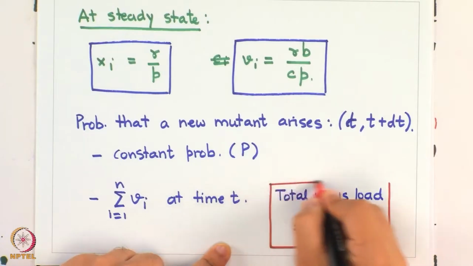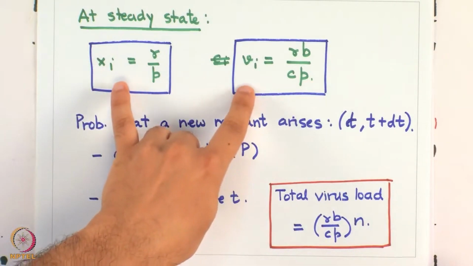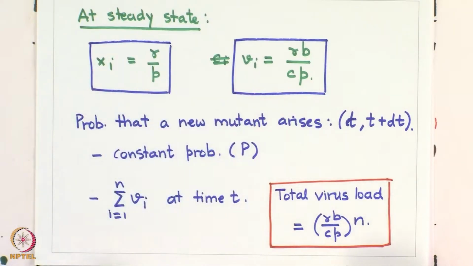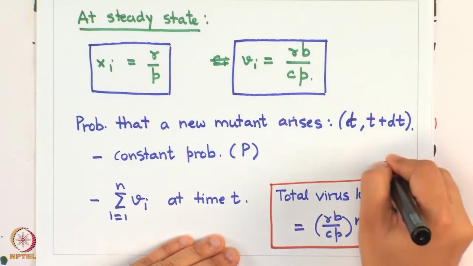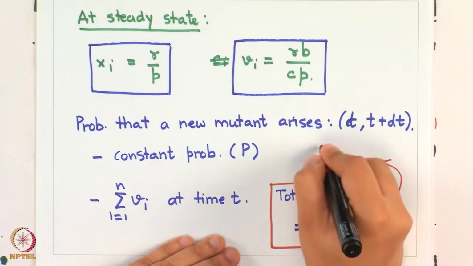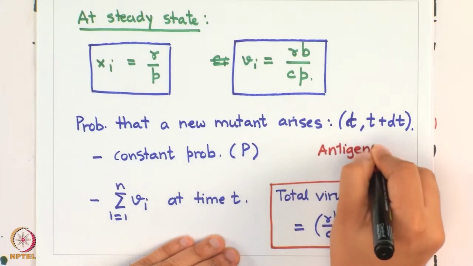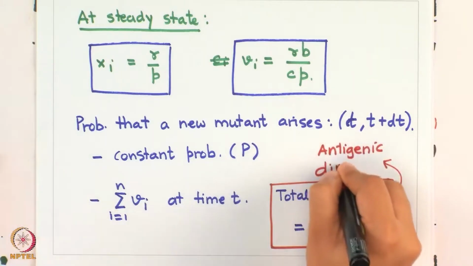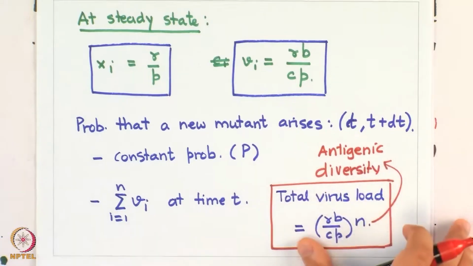Because each of these Xi's and Vi's will constitute a dynamical equation for one particular virus, and if we do that for all the virus strains that are present, then we get the total virus load as this, where n is called the antigenic diversity associated with the host at this particular time. So, that is the most basic model that we have available.